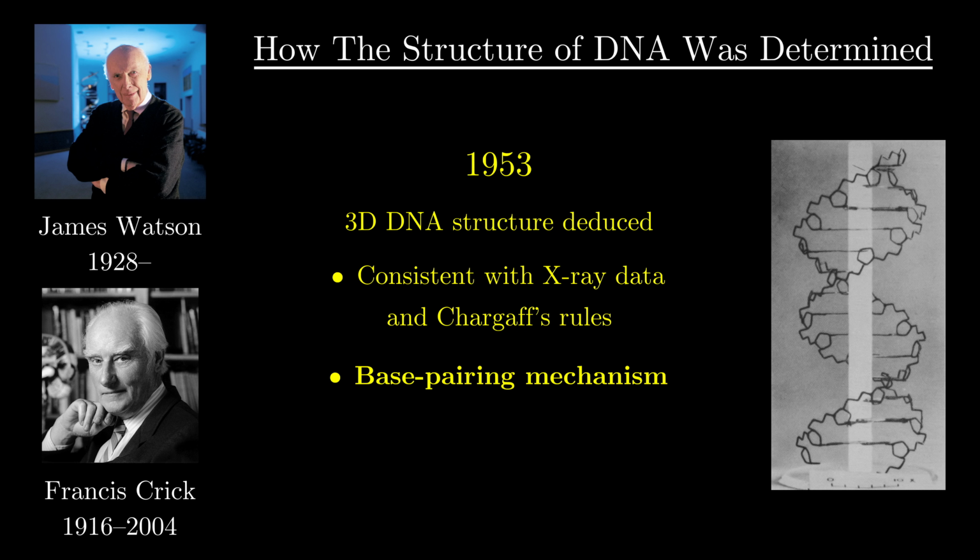In their structure, it is impossible to get other pairs, and so this suggested that if you have one strand of DNA, you can automatically determine the sequence of the other, and further, that the specific pairings may be how biological systems make copies of DNA strands when they are passed from one generation to the next. So the really important part of Watson and Crick's structure was that they figured out that in double-stranded DNA, specific pairs of bases are held together through hydrogen bonds.